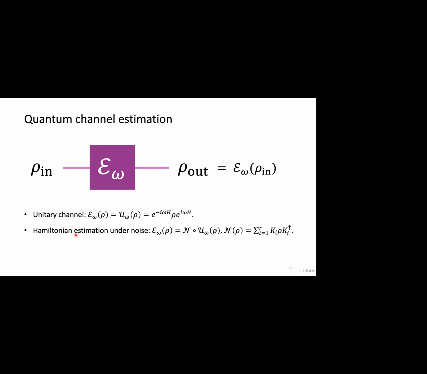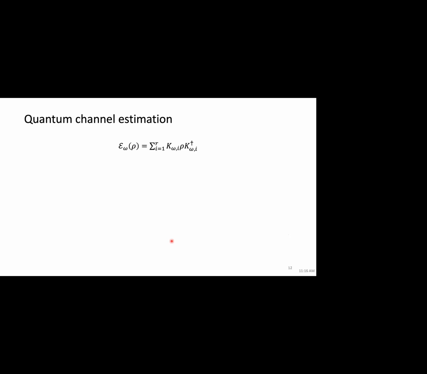Or we could have Hamiltonian estimation under noise, where again we have this Hamiltonian evolution, but also some noise acting after it. And in general, we could consider an arbitrary quantum channel where the Kraus operators are functions of omega. So what are the estimation strategies in this case?